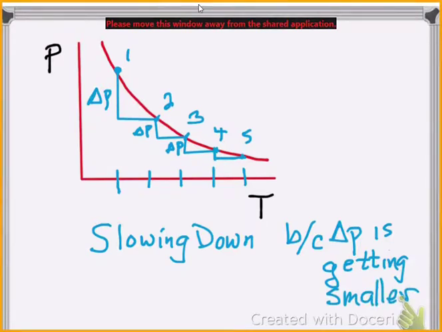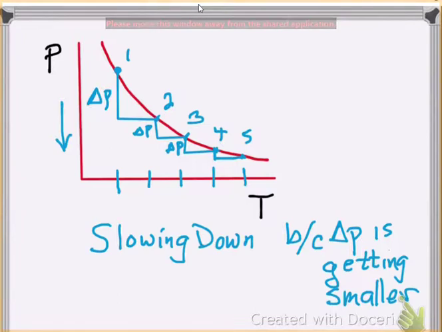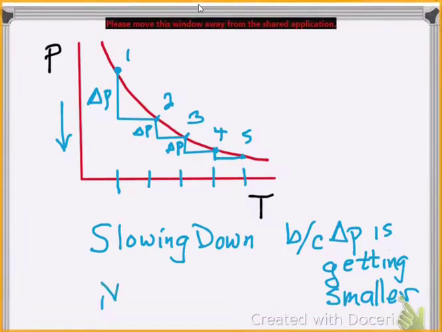Now, the other thing I want you to notice about this particular graph is that the object is changing its position from 1 to 2 to 3 to 4, which is moving down on the graph. Now, what that means is that it is moving to the left. Okay, so this first graph is moving down and moving to the left.